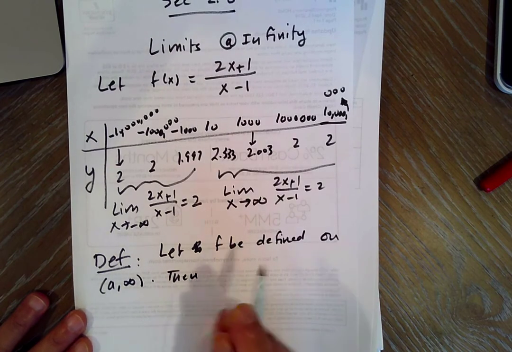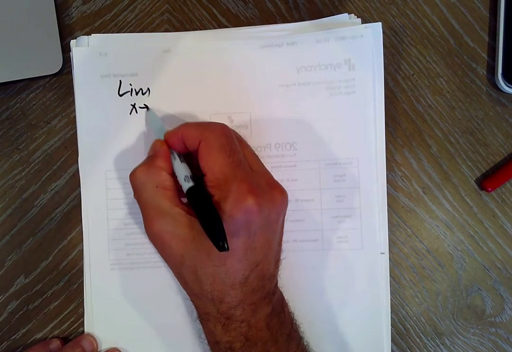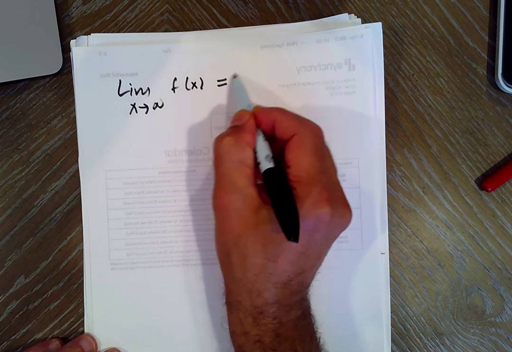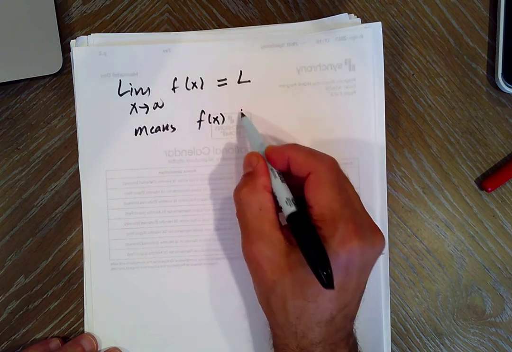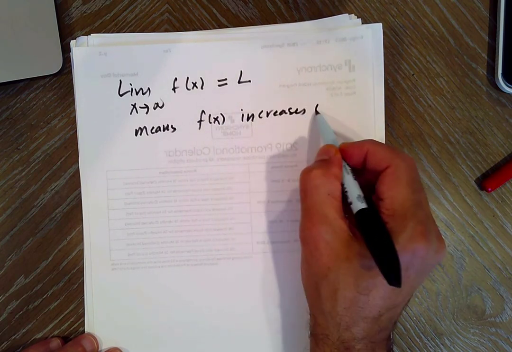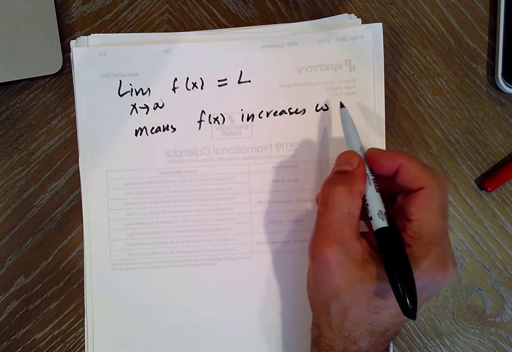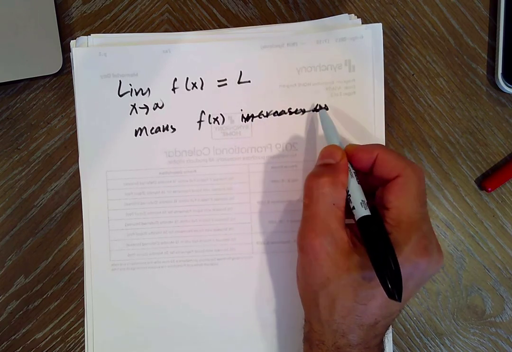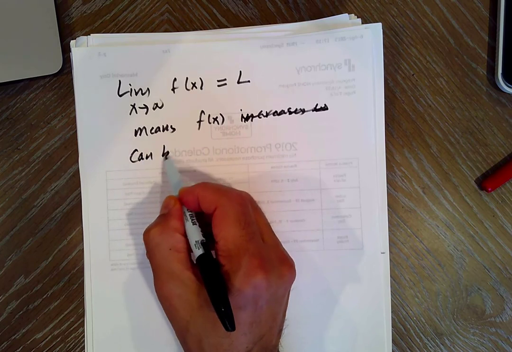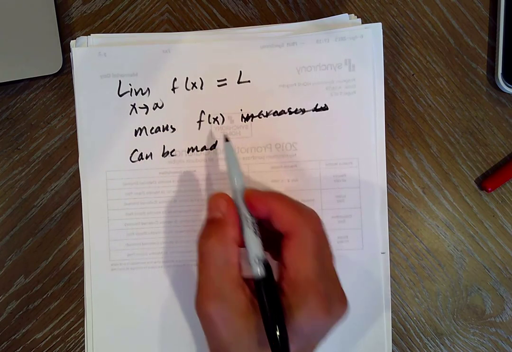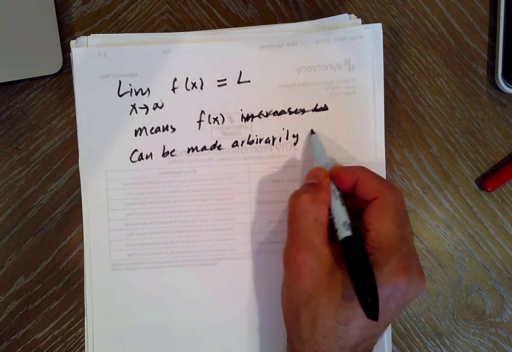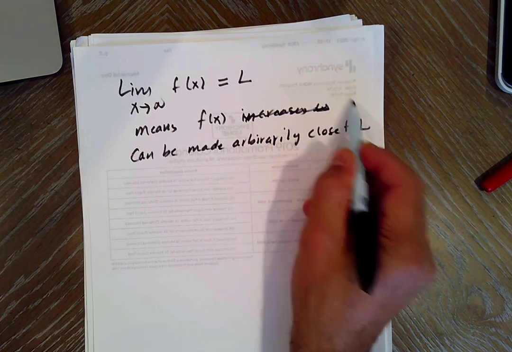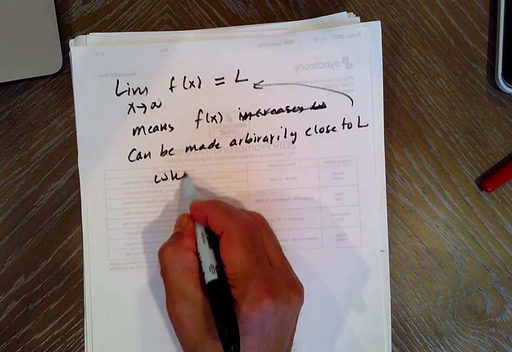Then the limit as x goes to infinity of f of x equals L means, as you saw, that the value of f of x can be made arbitrarily close to L when x increases without bound.